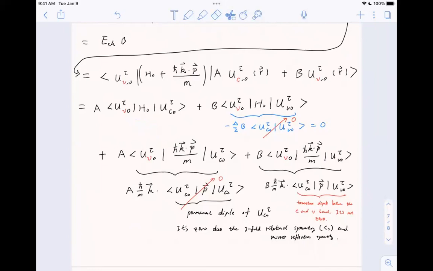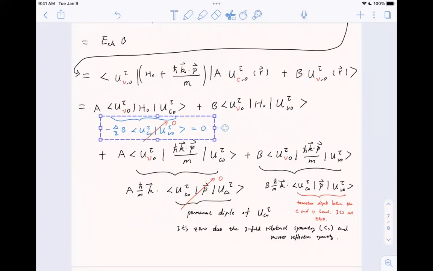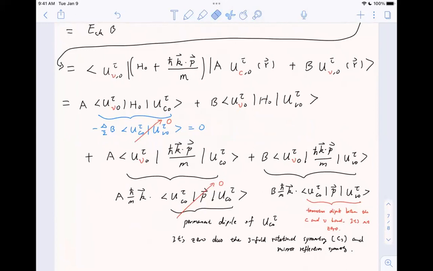So I'm going to move this to here. This is the advantage of using copy and paste. Okay, this will be V0, C0. So they are orthogonal to each other.